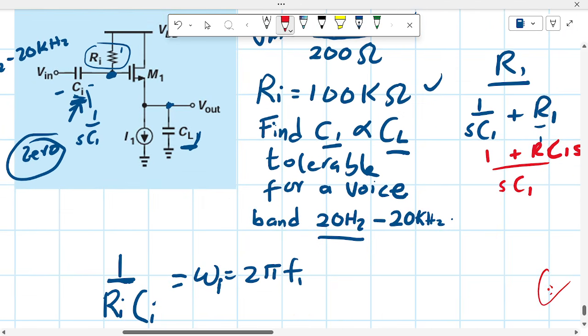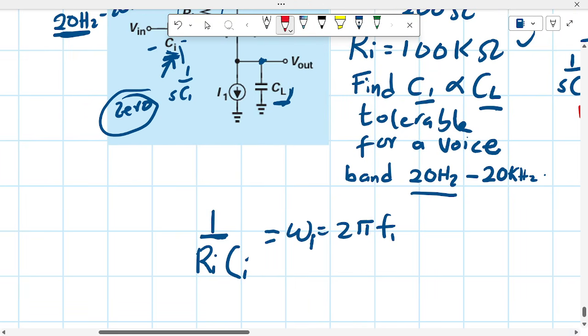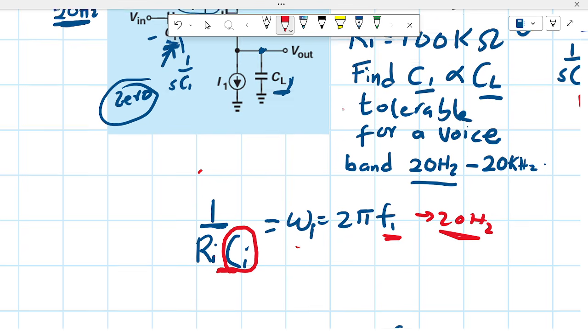Okay, so now that we understand that, we can go back to our formula. We have 1 over R1 C1, and the frequency of interest is 20 hertz. So we want to find out the value of capacitance that we can use to get a frequency of 20 hertz easily going through without creating any attenuation.